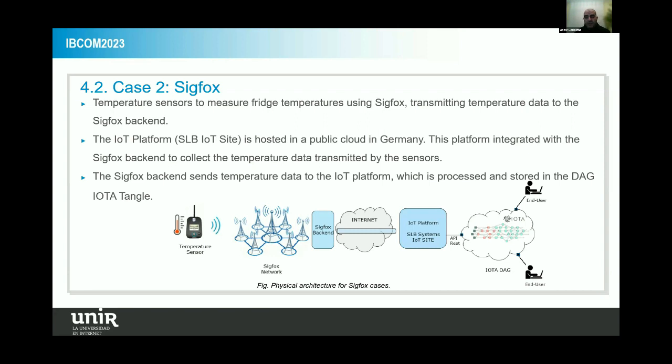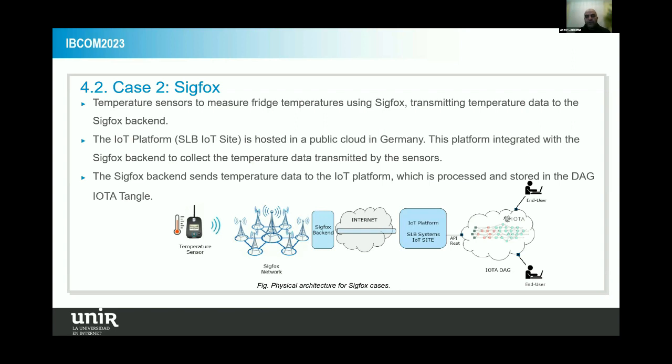In the pilot project, the SLB IoT site hosted in a public cloud in Germany was used as the IoT platform. In the previous case, with LoRaWAN, we used the ThingsBoard IoT platform, and in this case, we use the SLB IoT platform or IoT Site platform. So in these two use cases, we compare different connectivity and different IoT platforms.